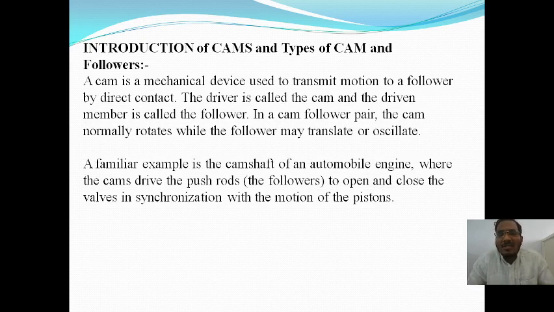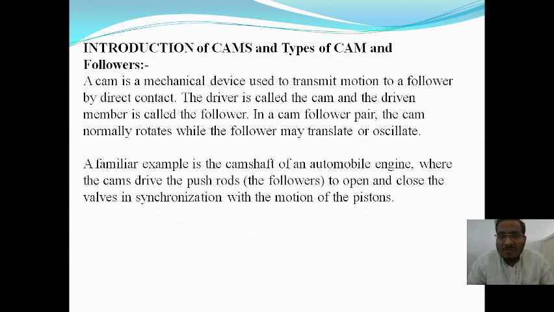There are some other definitions of the cam and follower in your textbooks, so I have those definitions also. In this definition, we see that the cam is a mechanical device that transmits motion to the follower by direct contact.